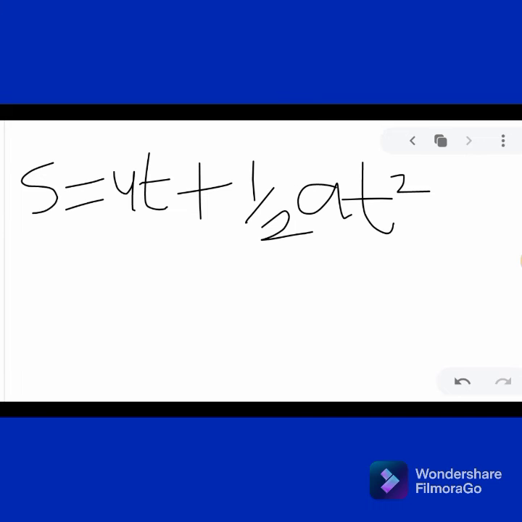Okay? So you don't get yourself confused. This is the actual formula. But if we're doing dimension analysis, this half will just vanish because it's a constant, leaving it as S equals UT plus AT squared. So just because something is dimensionally correct doesn't mean that the equation itself is a correct equation, so that we won't get ourselves mixed up.